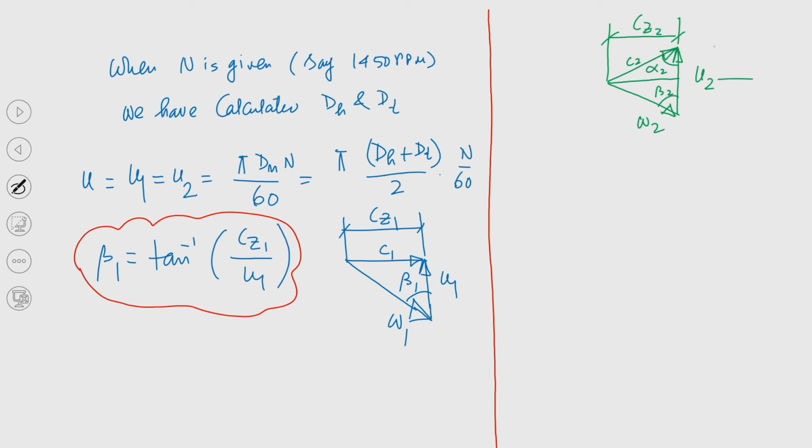You can understand this will be W theta 2 and this will be C theta 2, right.